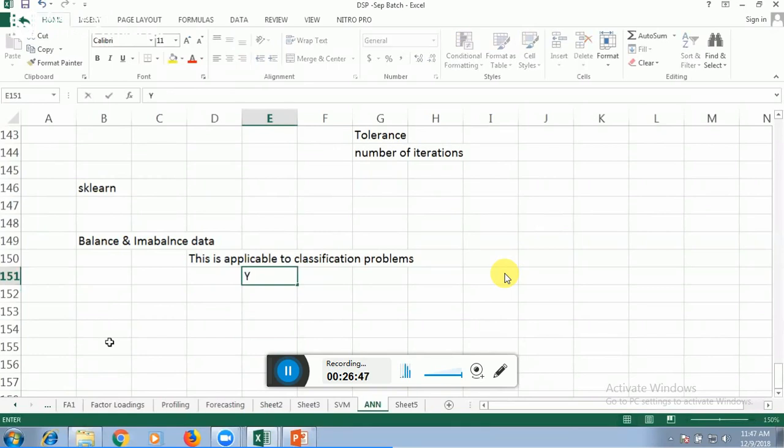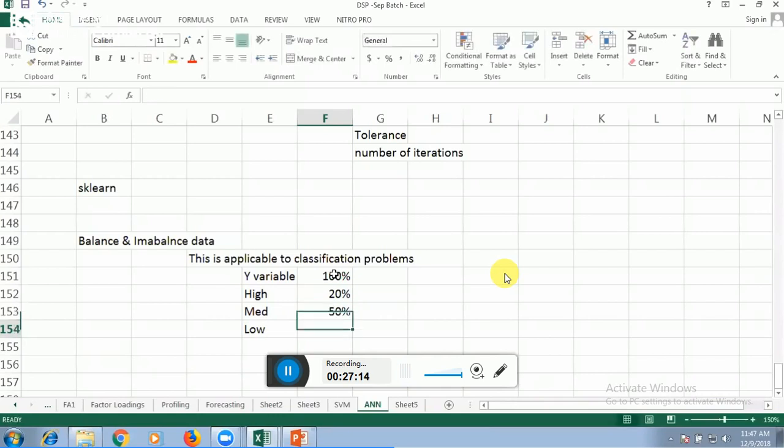So suppose your y variable is a multinomial variable, for example, high risk, medium risk, and low risk. Suppose your data is 100%, and under that 20% or maybe 30% is here, 40% or 50% is here, and 30% is here.